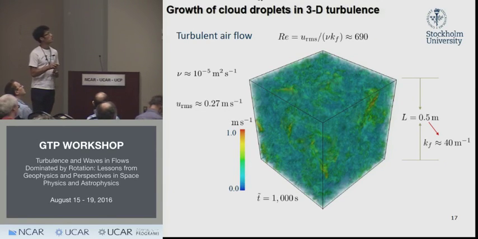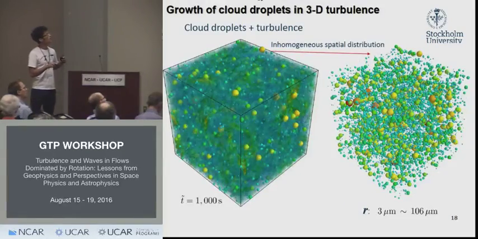So here we conducted this collision process in three-dimensional turbulence with a Lagrangian approach. Here we can reach a Reynolds number of about 690, with a box of about 0.5 meters. And this is a snapshot of the distribution of the cloud droplets after collision.